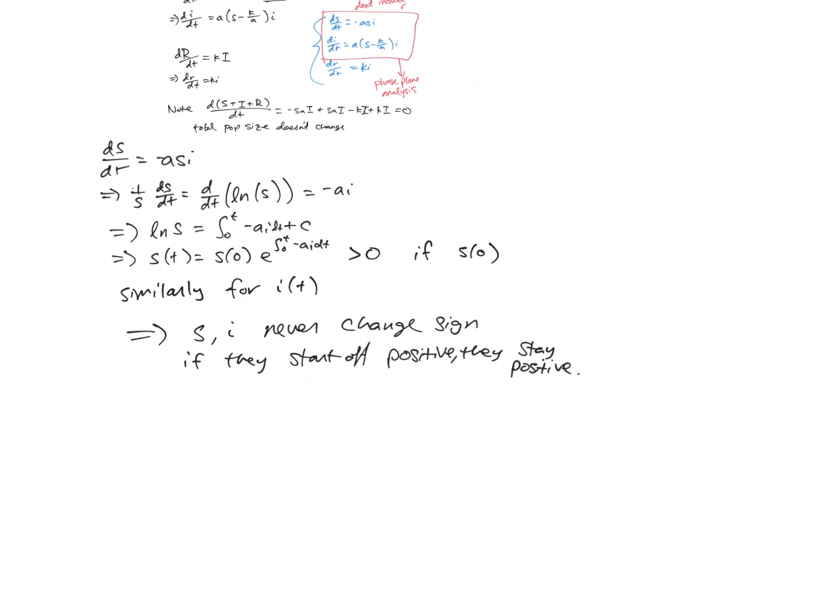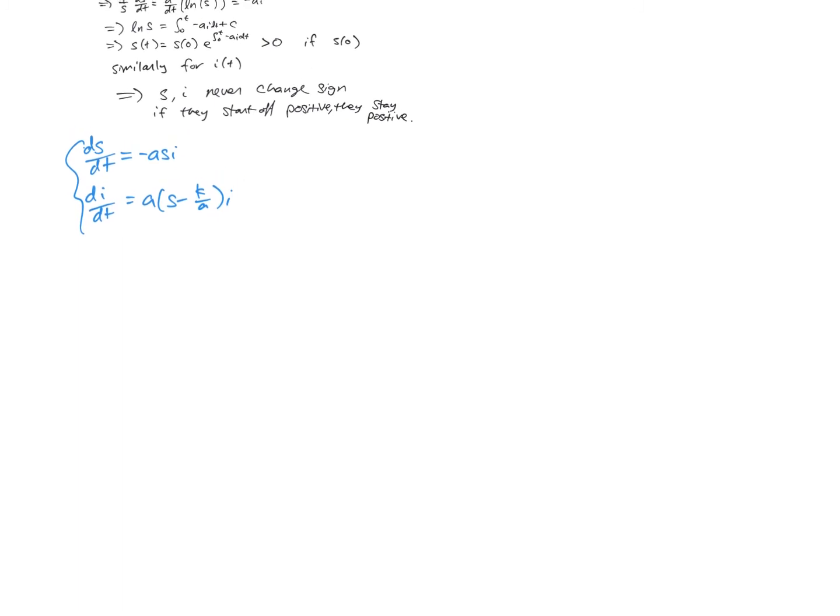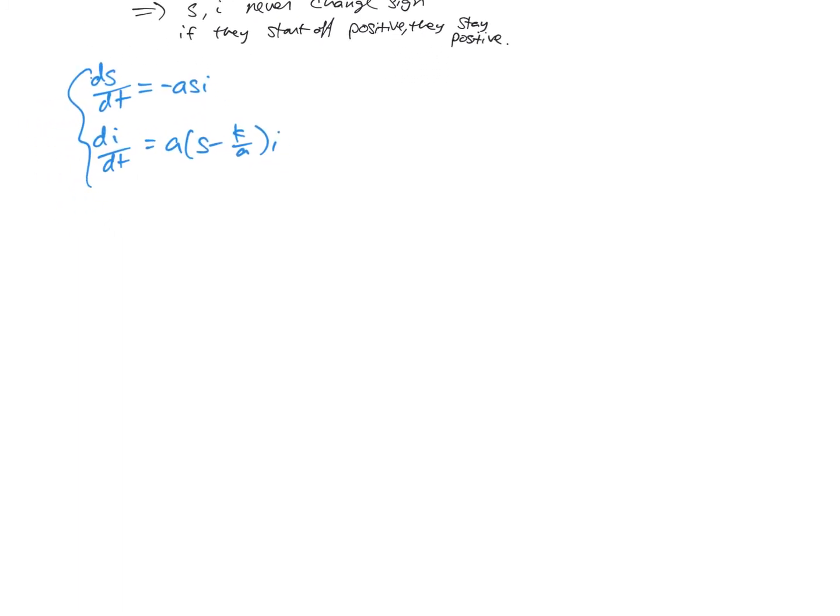So let's go back to our system of just S and I. So we have dS/dt equals negative aSI, and dI/dt equals (aS minus k) I. So what are our critical points?